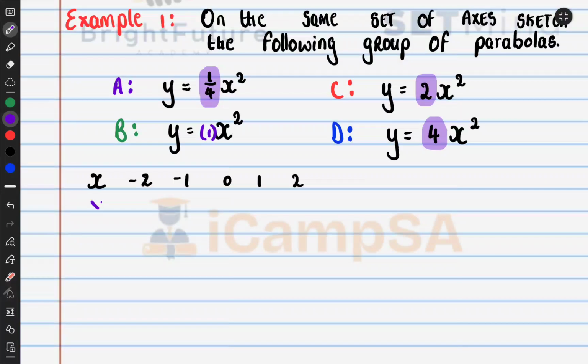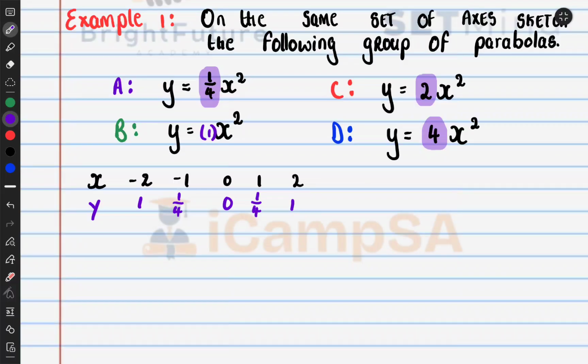So for function number a, the corresponding y values for the first function, which is y is equal to 1 over 4 x squared: -2 will go with 1, and then -1 goes with 1 over 4, which is a quarter, and then 0 and 0, and 1 is 1 over 4, 2 is 1.